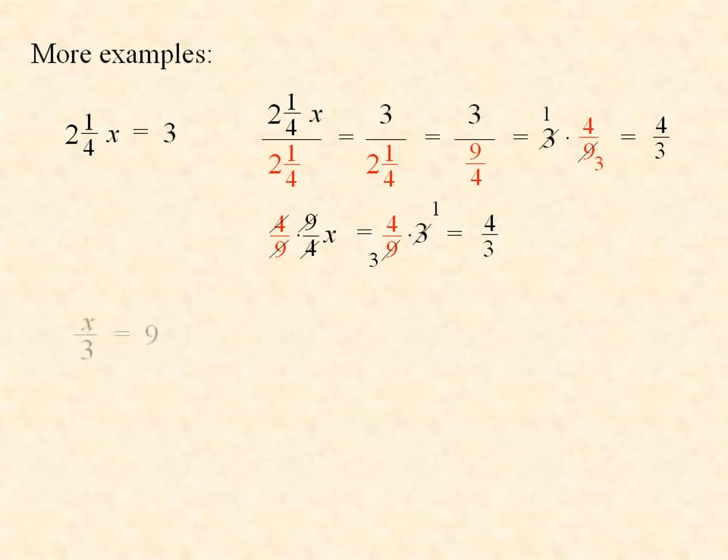Suppose our equation is x divided by 3 equals 9. Well, the inverse of division is multiplication, so we will multiply both sides by 3. That way the 3's cancel on the left, and we get x equals 27.